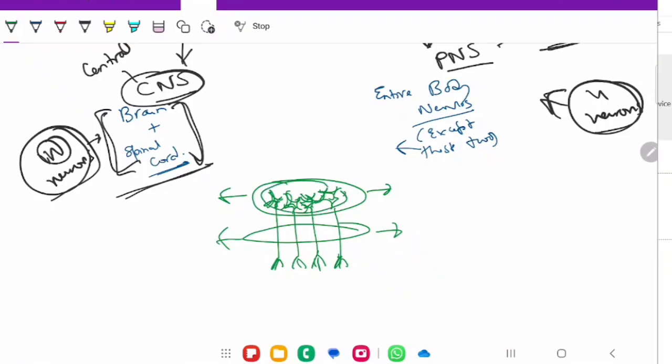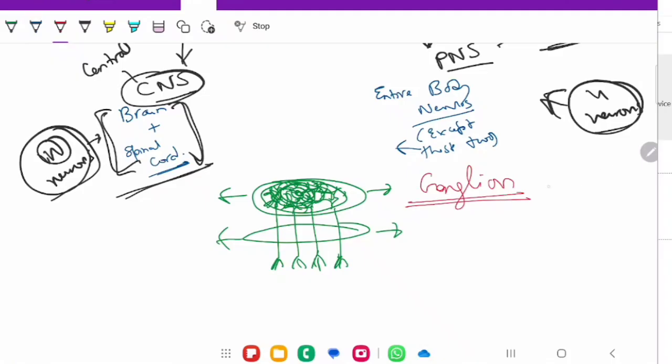If we put these cell bodies together, they will form a bunch over here, somewhat like this. This bunch of cell bodies in the peripheral nervous system will be known as a ganglion.